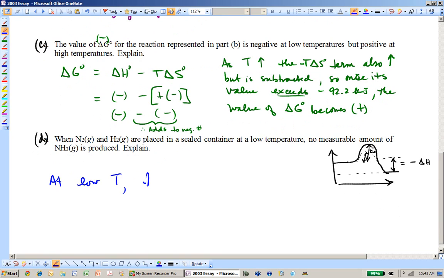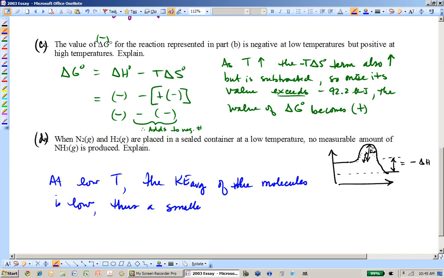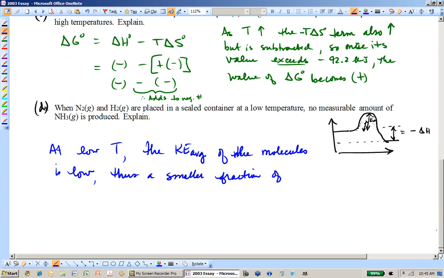So the kinetic energy average of the molecules is low. Thus, a smaller fraction. Because you know what average means, right? Some things are above the average, some things are below the average, but it all averages out to the average.